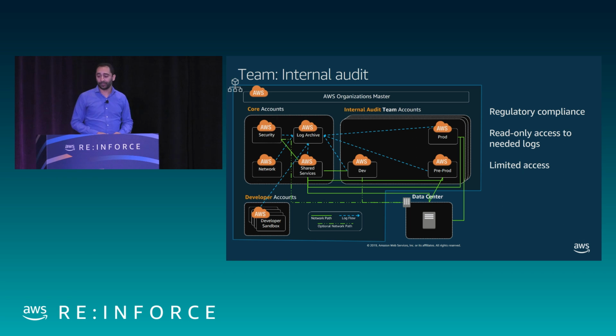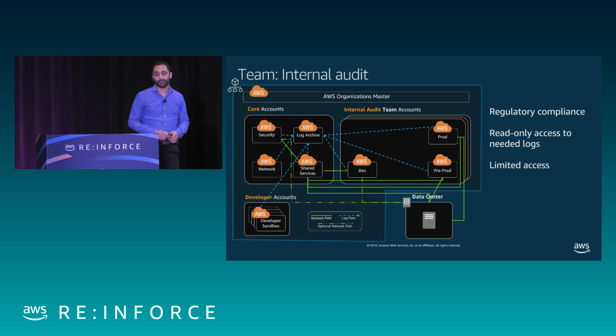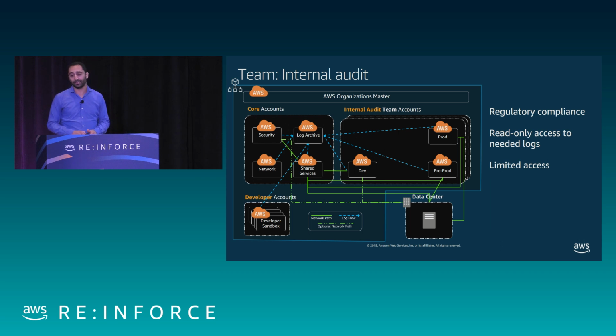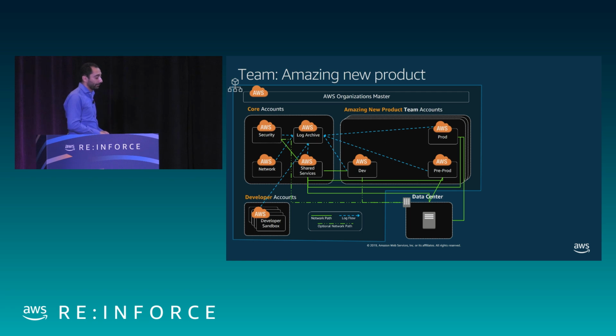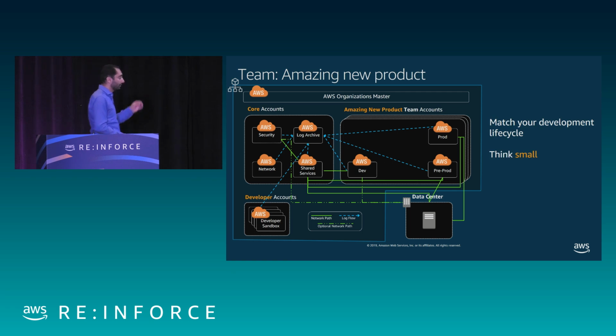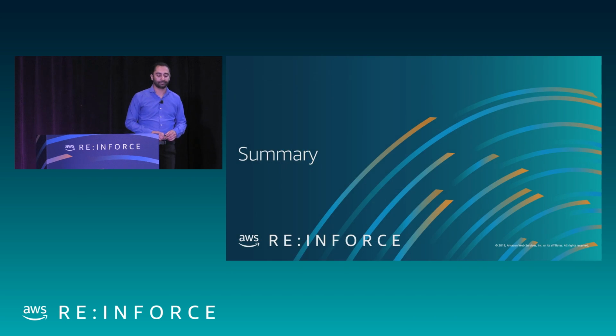Again, they might have dev, pre-prod, prod as needed because they're building their tooling and things that you might want to check. Because of course, all of your auditing teams have full development teams that can do all of this stuff and get it done in an automated way. Or have I got an amazing new product or an idea? Same thing, match the development lifecycle, think small.